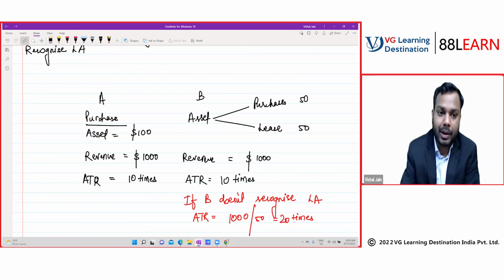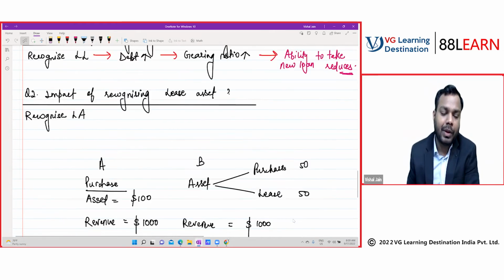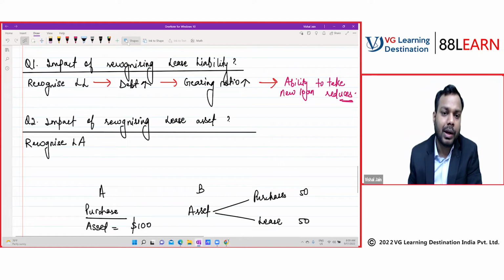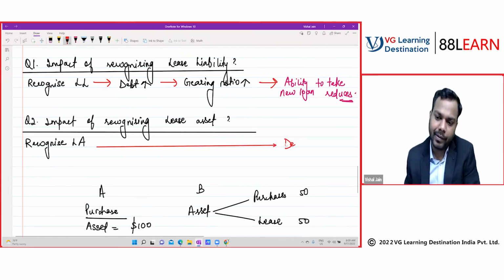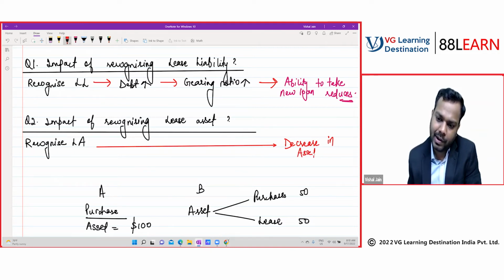Okay. Now recognize the lease asset. What will it lead to? It will lead to a decrease in asset turnover ratio.